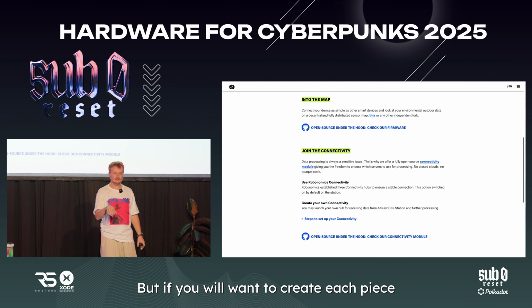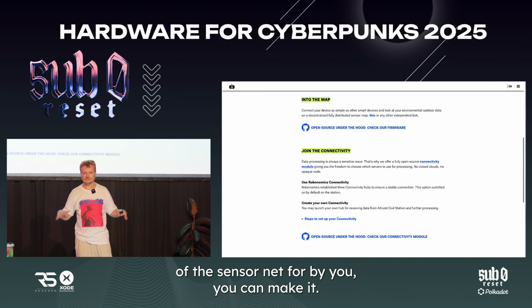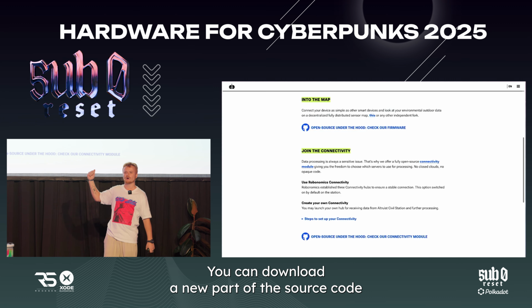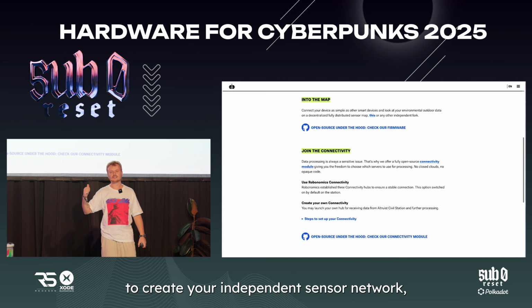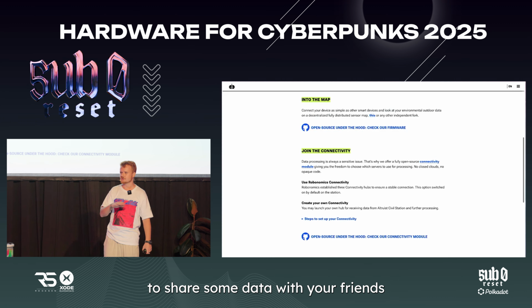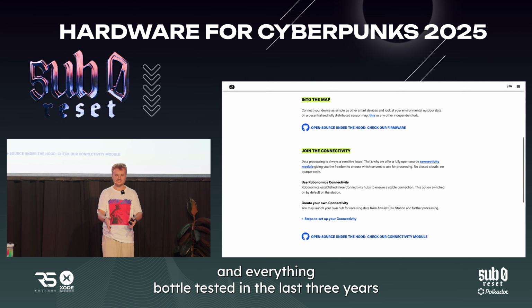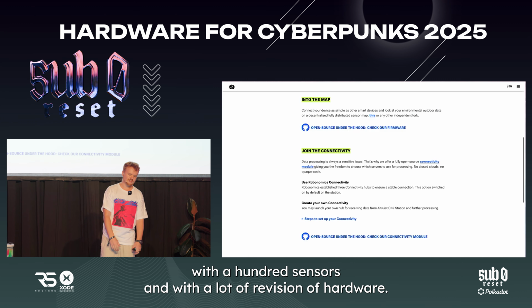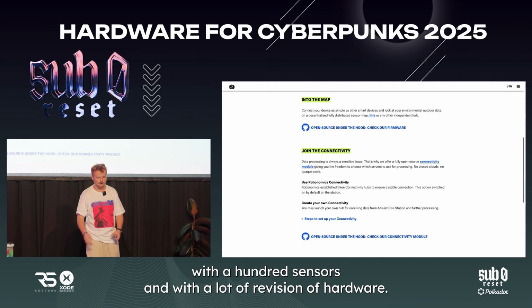But if you want to create each piece of the sensor network by yourself, you can. You can download any part of the source code to create your independent sensor network and share some data with your friends. Everything is battle tested over the last 3 years with 100 sensors and a lot of revisions of hardware.